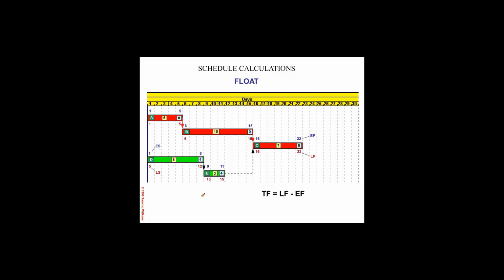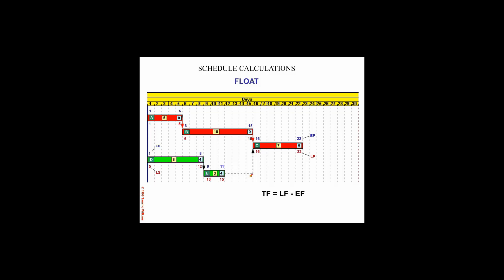Now what that means is that if you have no float, any delay in your activity will push the project finish out. So consider activity A, B, or C. If any of them extends by 1 day, that would push the successors out beyond their original dates, and the project finish would also be pushed out. Activity E can slide 4 days, 1, 2, 3, 4, before it starts to impact activity C, its successor.